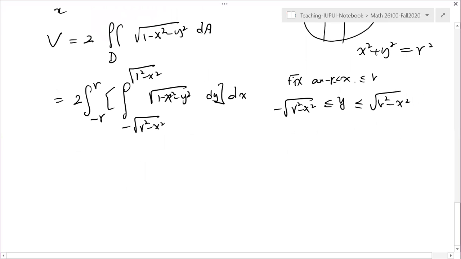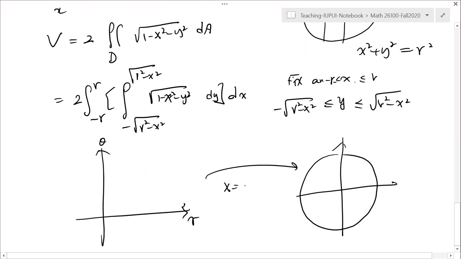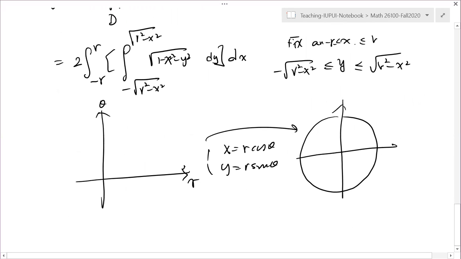What I'm trying to do is find a map from here. Here's r, here's theta. I use x equals r cosine theta, y equals r sine theta. So this is a map actually.